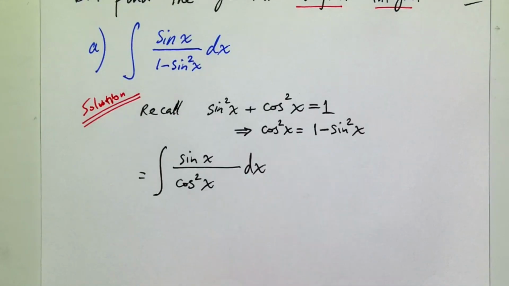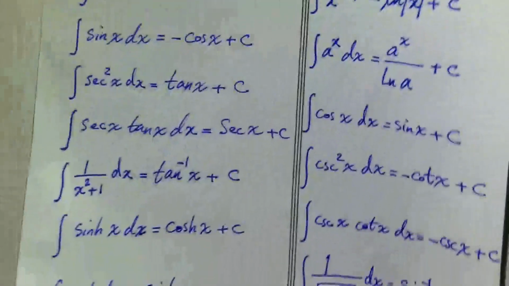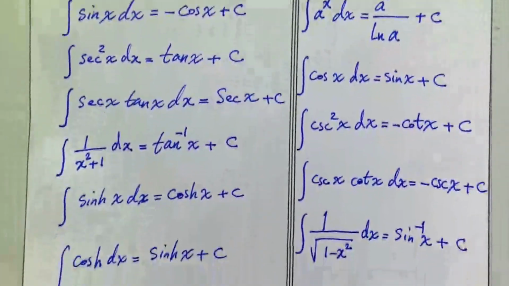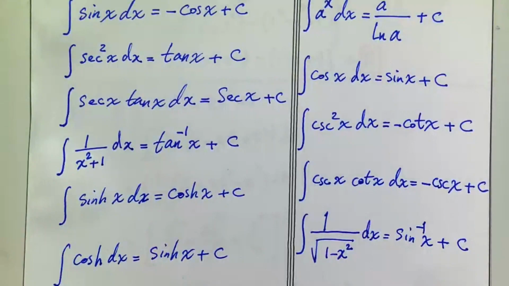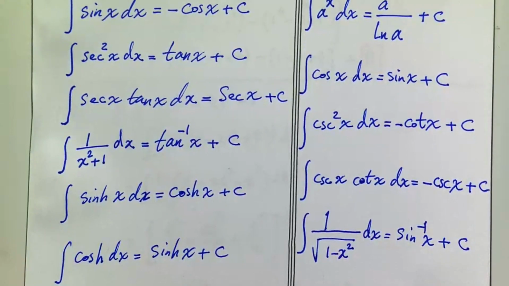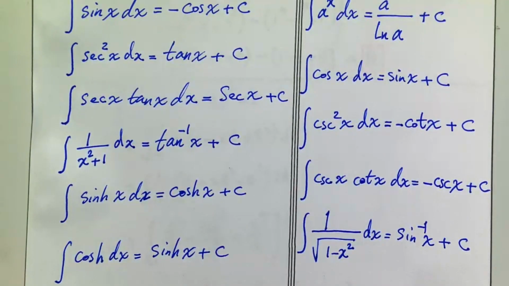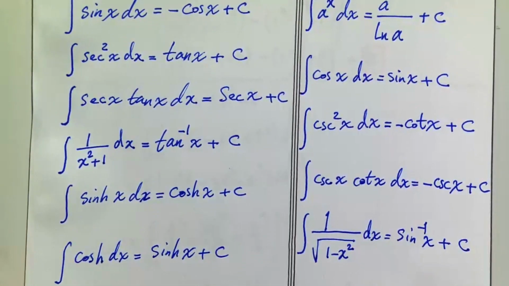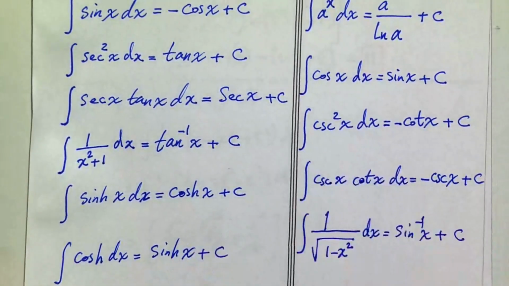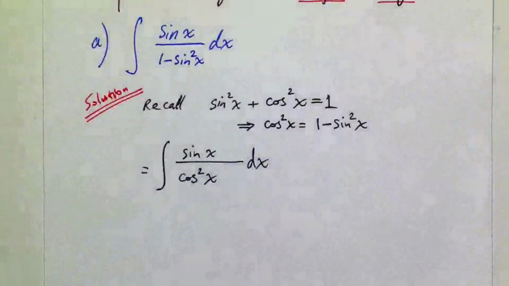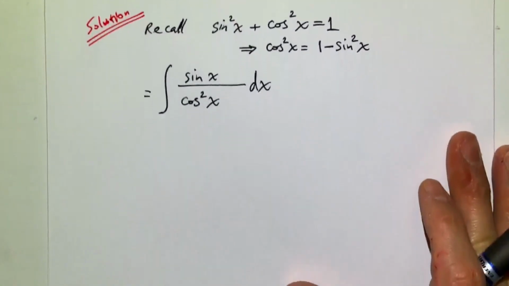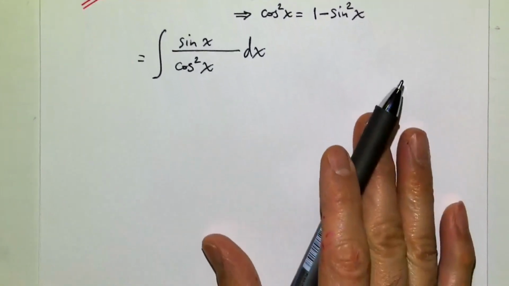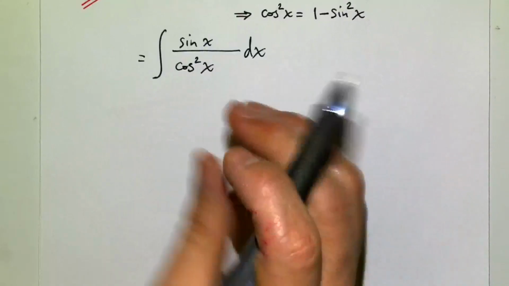Right now, this does not look like any of these formulas that we introduced. I know this is not all of the formulas that we have, but for this section, we should have something that looks like one of these formulas. And right now, we don't. So let's break this up a little bit.